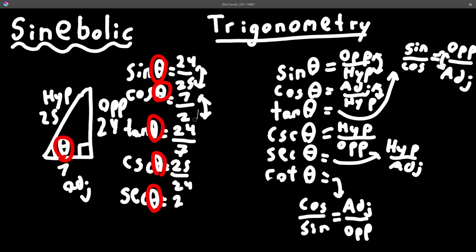Also, my 5 kind of looks like a 4, so I'm going to change that. Instead of it being 7 over 24, it will be 25 over 7. Just fix this 7 for you.